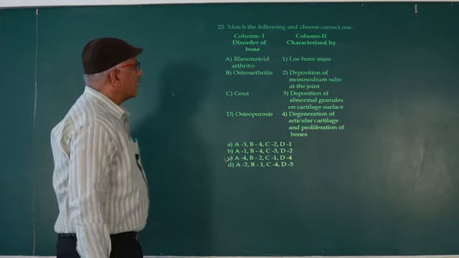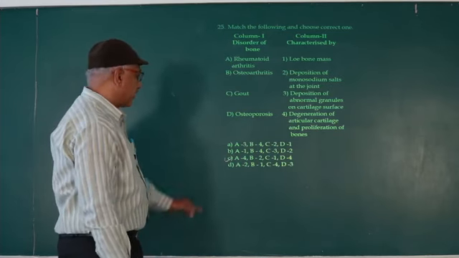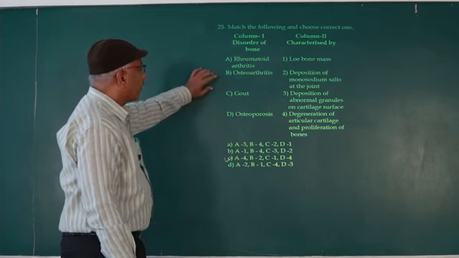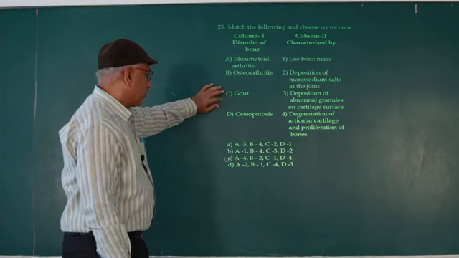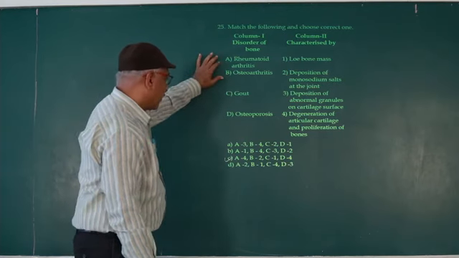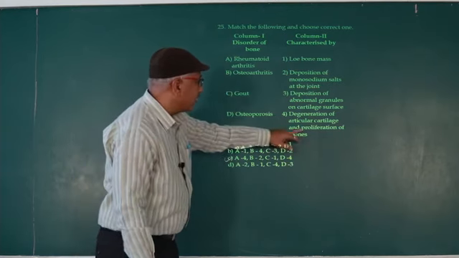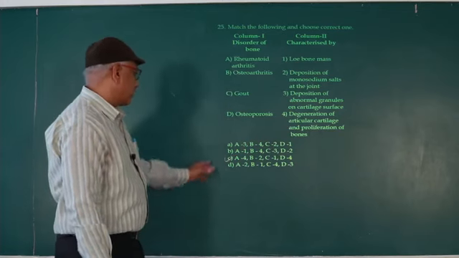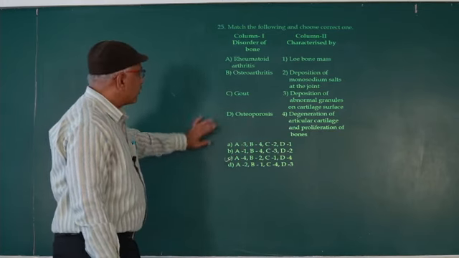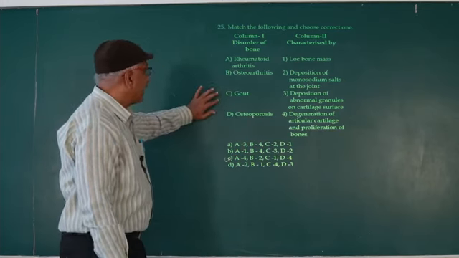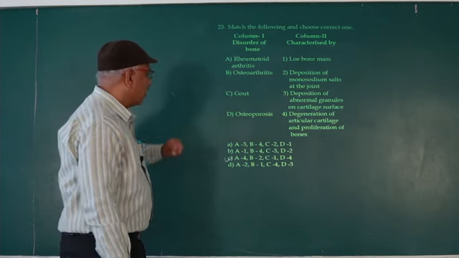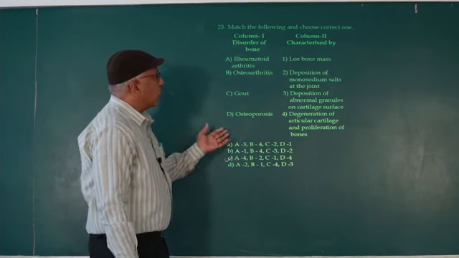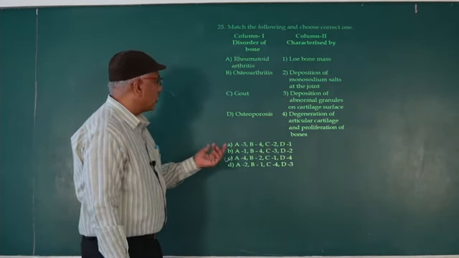Deposition of monosodium salt is gout. Rheumatoid arthritis, degeneration of articular cartilage, A4. Next one, C is gout, low bone mass, wrong. So, you all know osteoporosis means low bone mass.